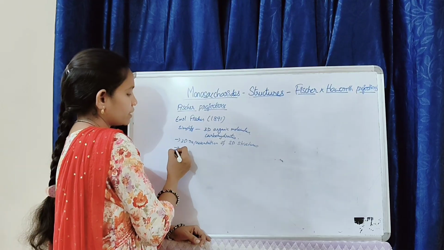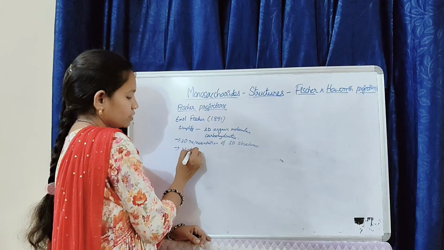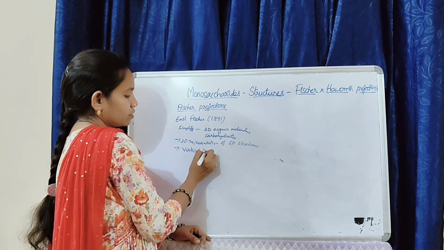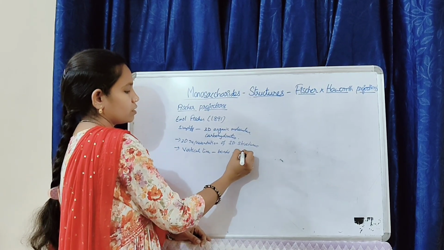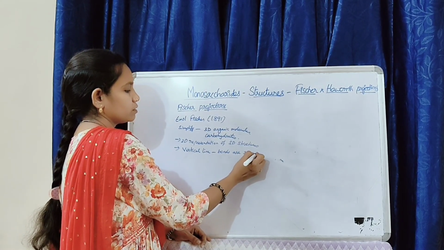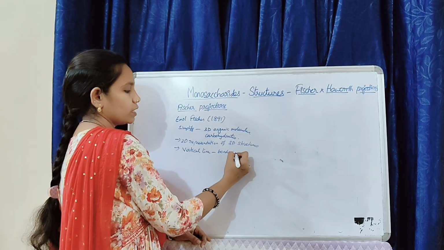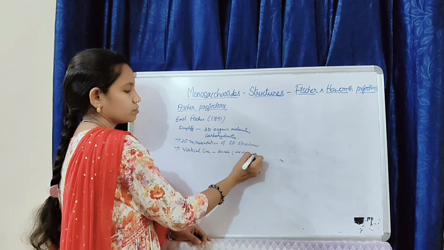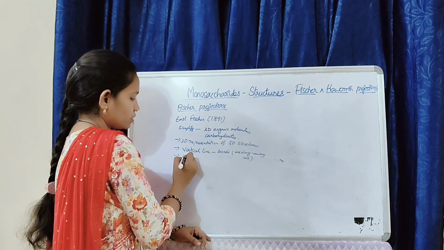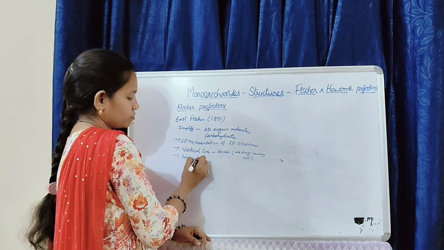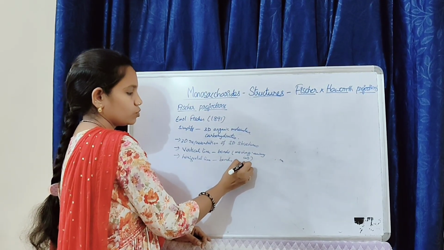Now what is contained in these Fischer projections? It contains vertical lines and horizontal lines. Here the vertical lines show the bonds that are moving away from us, and the horizontal lines represent the bonds coming towards us.